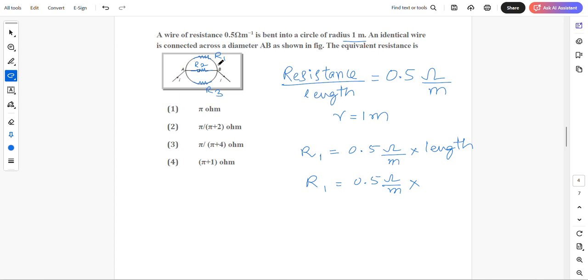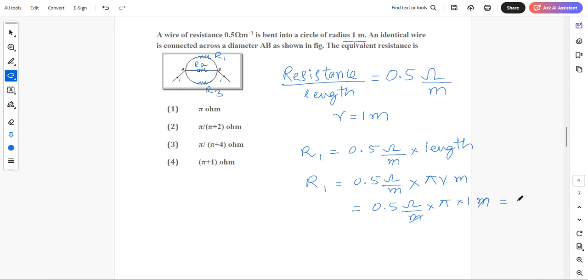For the whole circle it is 2 pi r, so it will be pi into r meter. Now this is equal to 0.5 ohm per meter into pi into the radius you have given, 1 meter. Meter gets cancelled.